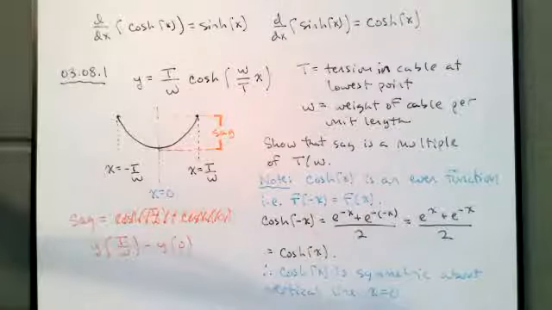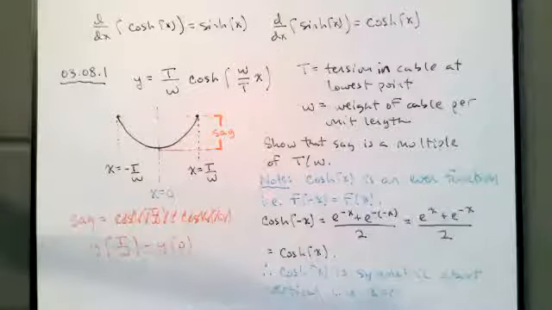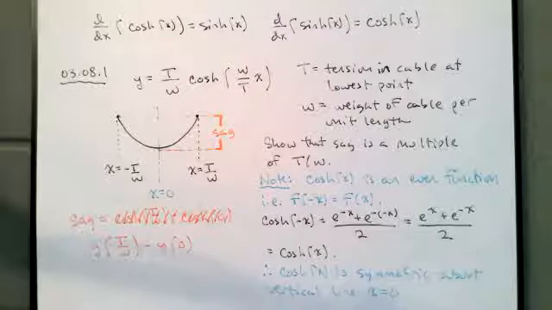So we just take t over w and plug it into our function for y, and then plug 0 into our function for y, and subtract the two, and see if we get a multiple of t over w.